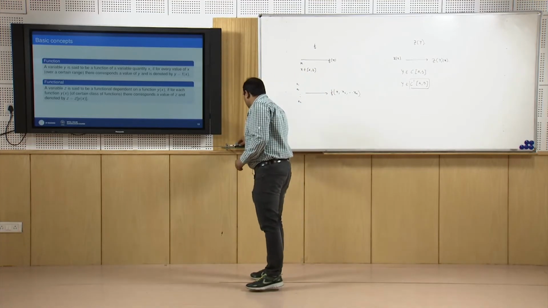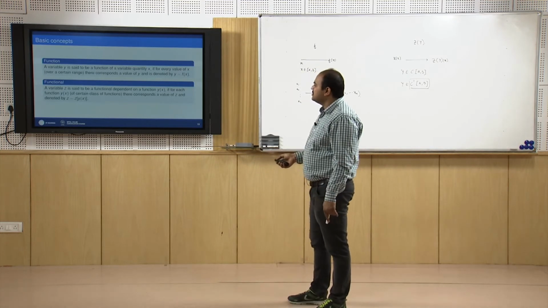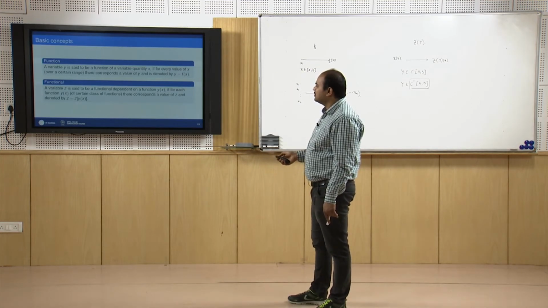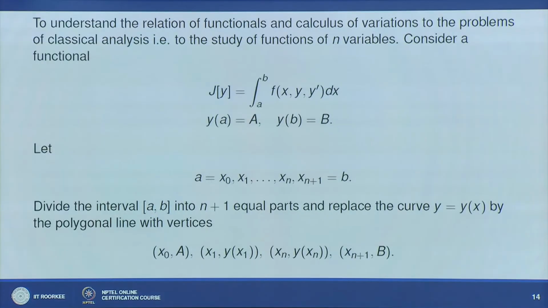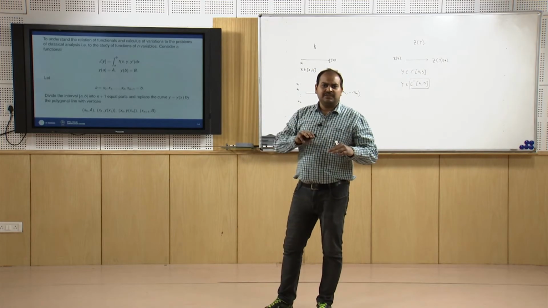Okay. Now what we try to do here is see how these functions and functionals are related. So let us consider a particular example, and try to understand the relation of functionals and calculus of variations to the problems of classical analysis. In classical analysis we discuss functions and maxima and minima of functions.